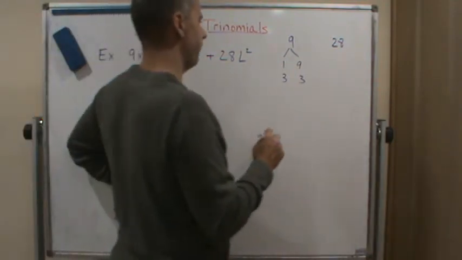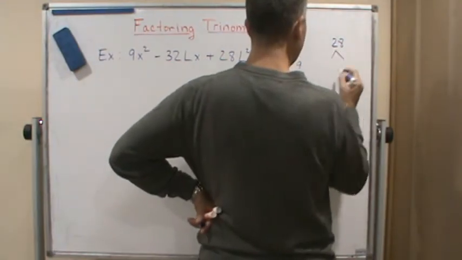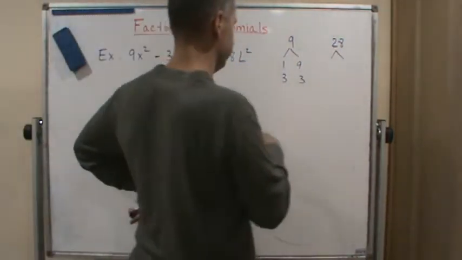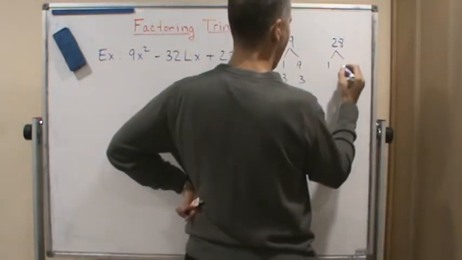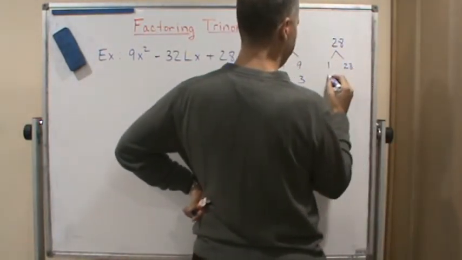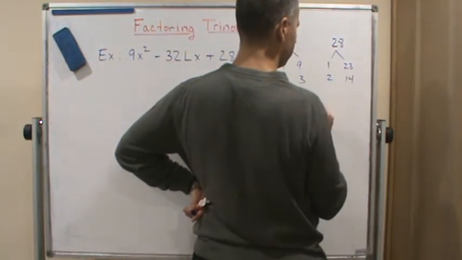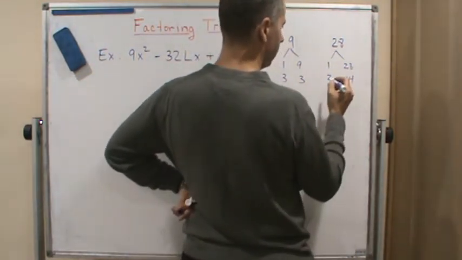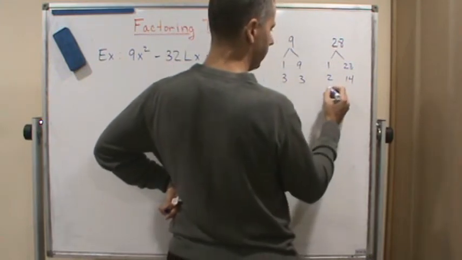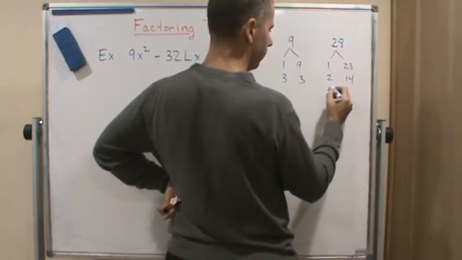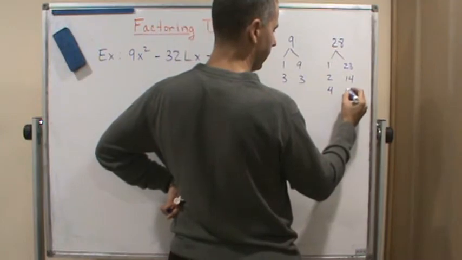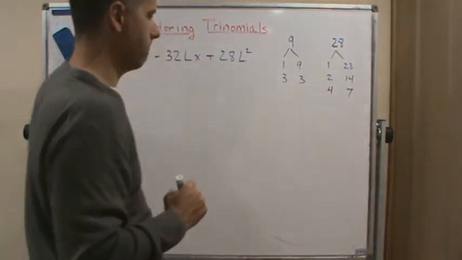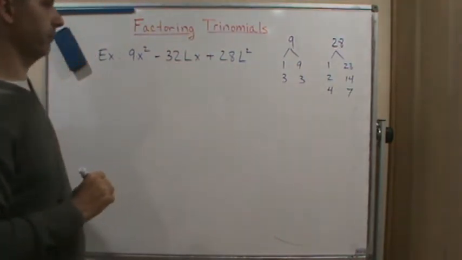So now what are the factors of 28? Well, they're both negative or both positive. And that's it.